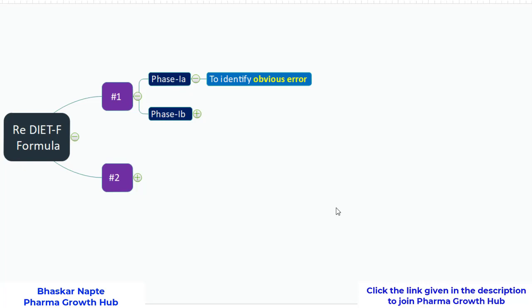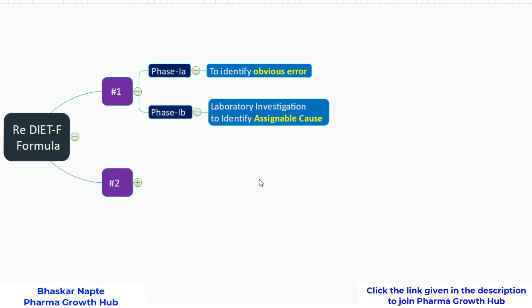So to understand whether the filtration was the issue, whether the sonication did not happen properly, whether the dilution was not done accurately, you need to conduct some kind of experiments, and then you will understand and identify the errors based on the lab investigation.